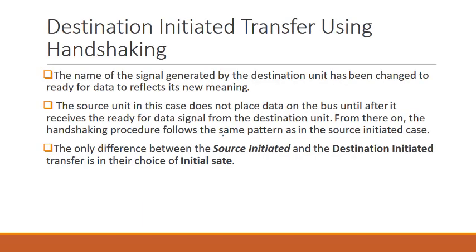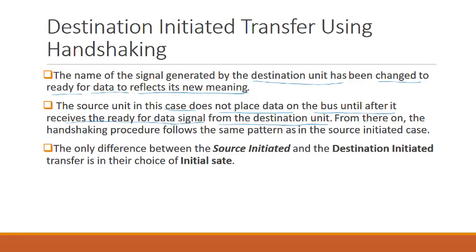In the case of destination initiated handshaking, the name of the signal generated by the destination unit has been changed to ready for data to reflect the new meaning. The source unit in this case does not place data on the bus until after it receives a ready for data signal from the destination unit.